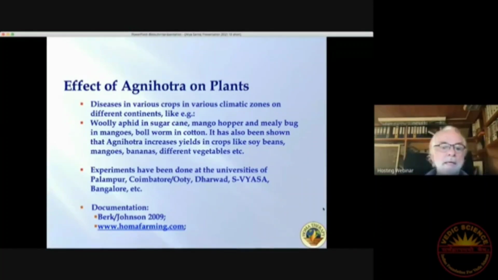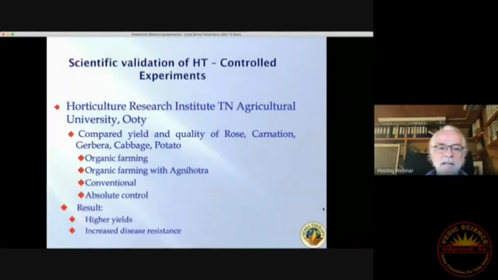Now, effect on plants. Many diseases have been cured, and many pests have been controlled, and several scientific experiments have been done. For example, at the Horticulture Research Institute of Tamil Nadu Agriculture University in Uti, they compared yield and quality of different flowers.